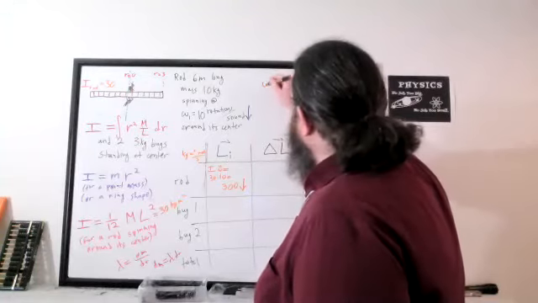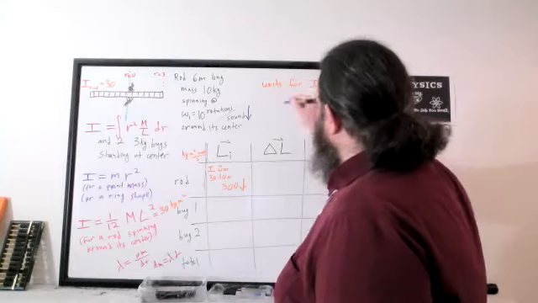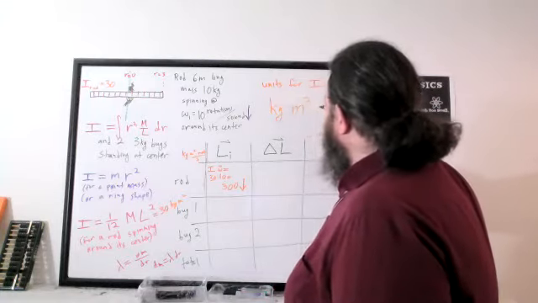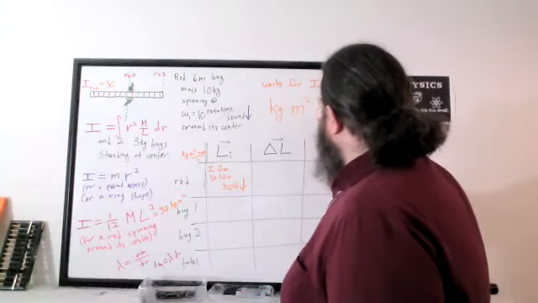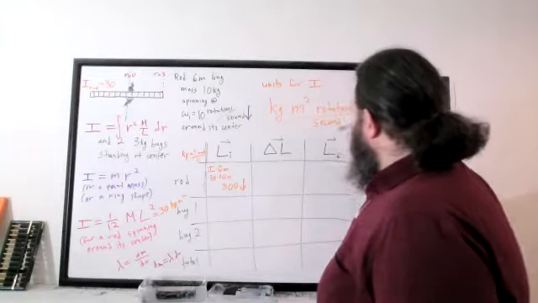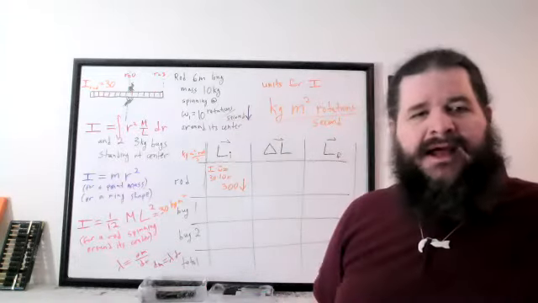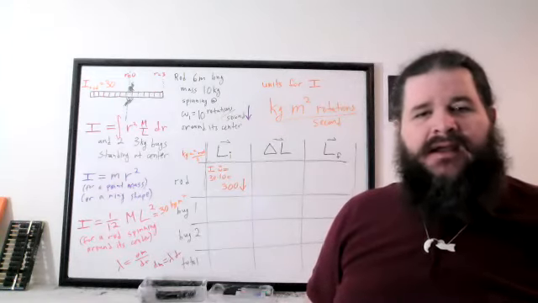The units for I, moment of inertia, would be, in this case, kilograms times meters squared times rotations per second. And rotations is just what we're currently using to describe angle. 10 rotations per second. That's how fast it's spinning.